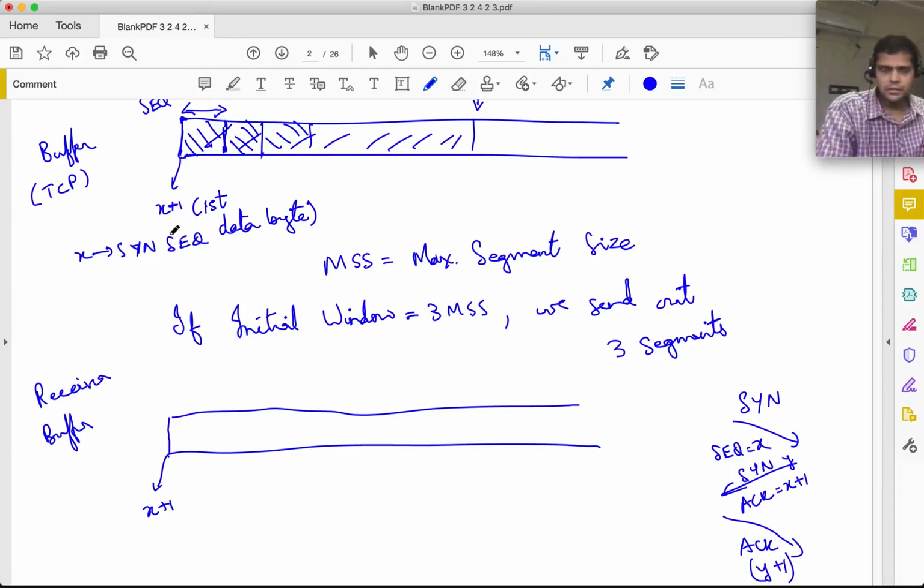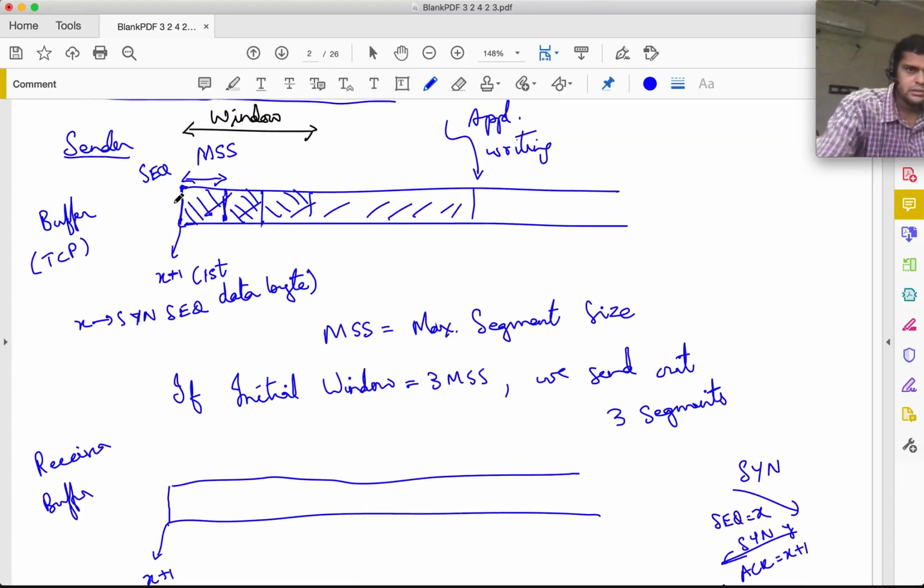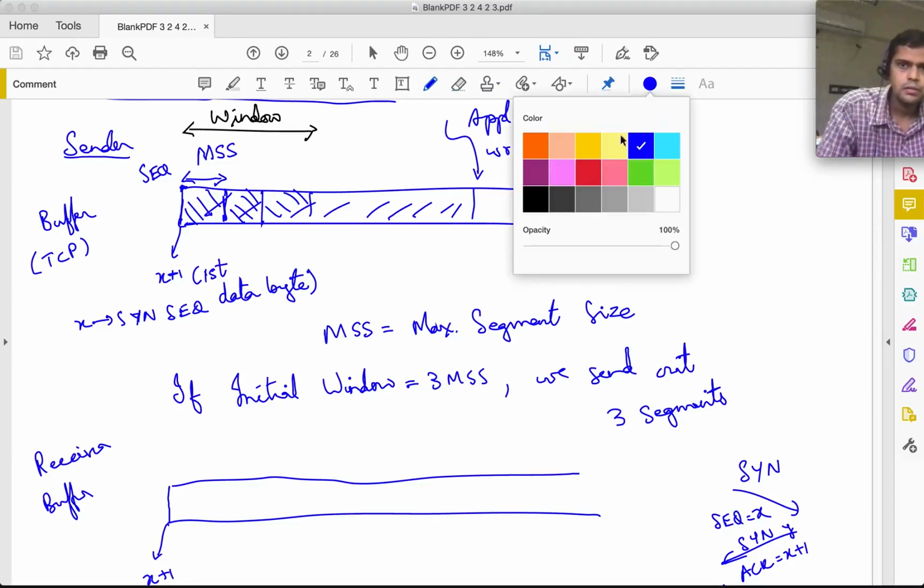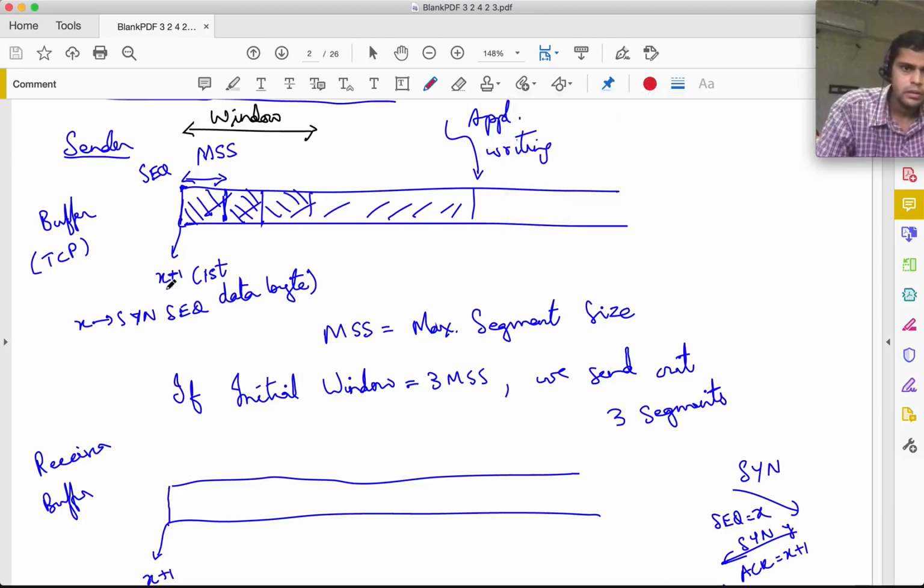Okay. So these 3 segments, the first segment will have X plus 1 as its sequence number. The second is going to be X plus 1 plus MSS bytes.